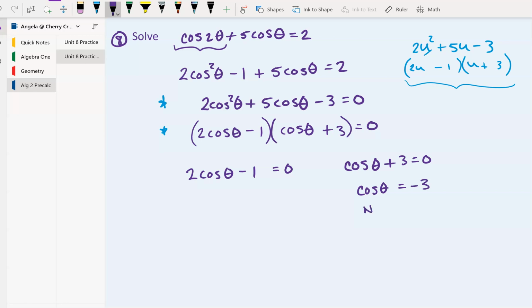So there are going to be no solutions generated from this particular part of my equation. However, over here, we're going to end up with cosine of theta, add the 1, divide by 2, is equal to positive 1/2. And that happens on our unit circle when theta is equal to pi over 3 and 5 pi over 3.